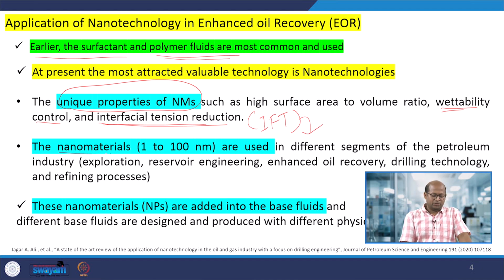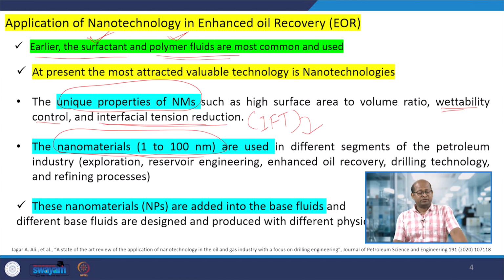Different types of surfactants, polymers and fluids can be used, and with them some nanomaterials can also be incorporated. Nanomaterials in the range of 1 to 100 nanometers can be used to recover the trapped oils.